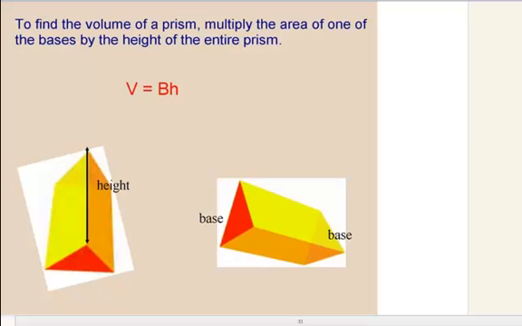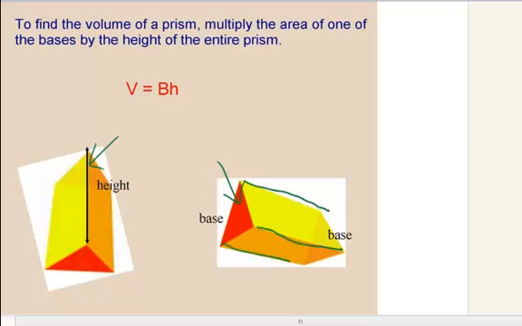To find the volume of a prism, multiply the area of one of the bases by the height of the entire prism. So you just find the area of one of the bases and you multiply it by the height. So if I know the area of this triangle and I know what this height is, the distance between the triangles, which, by the way, is this line, or this line.